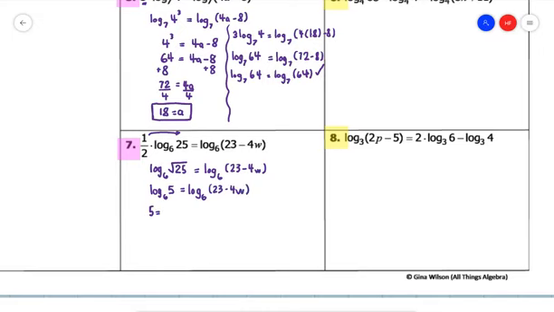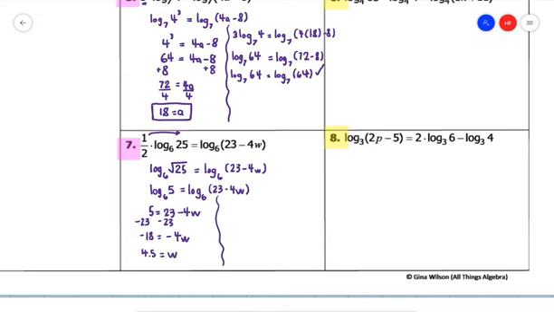So 5 would have to equal 23 minus 4w. We'll subtract 23. Should be negative 18. Yep. And divide by negative 4. And we get 4.5.